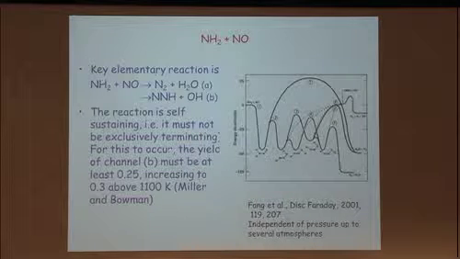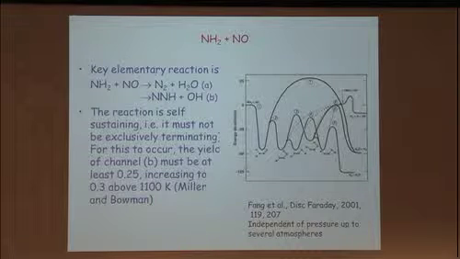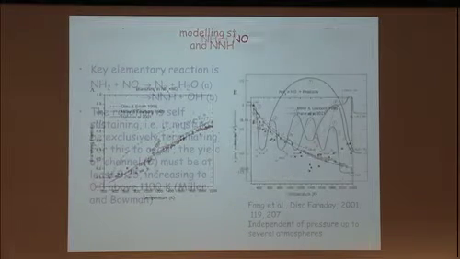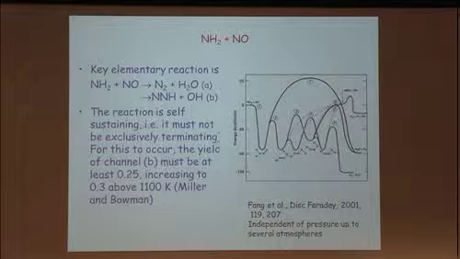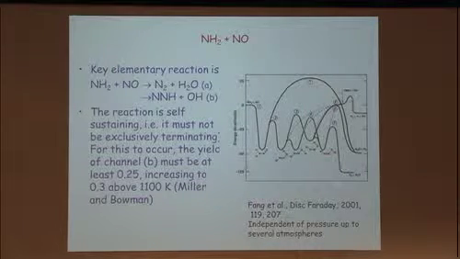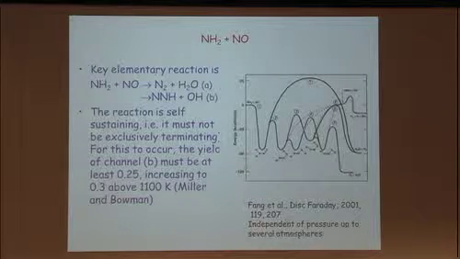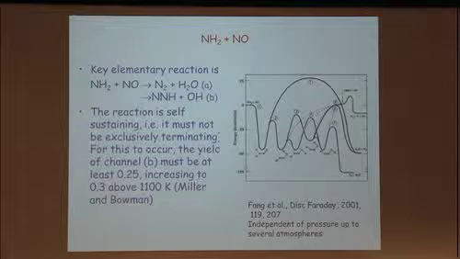And for this to occur, they showed that the yield of channel B must be at least 0.25 and increase to 0.3 above 1100 K. So this is a prediction that comes directly from a simulation saying that the reaction can't go exclusively to these very stable products down here, but these products here must be significant at the sort of 30% level.